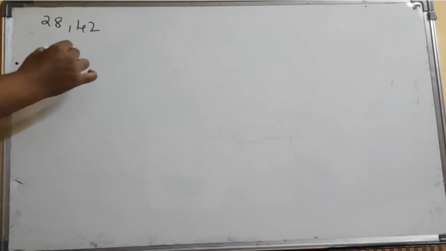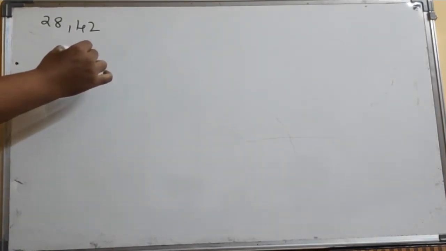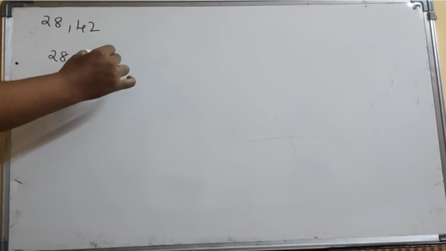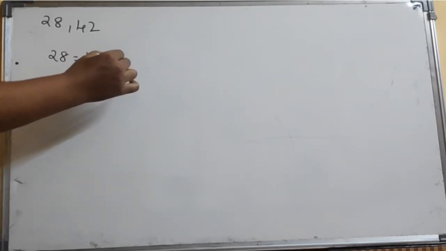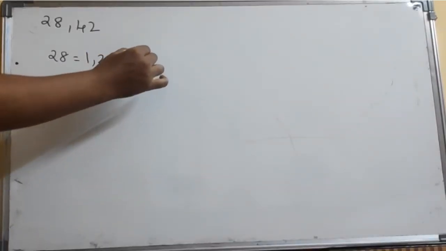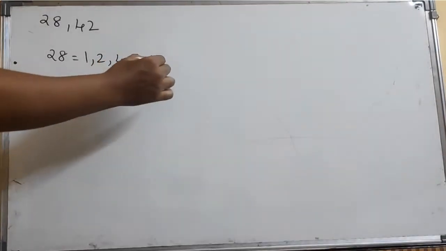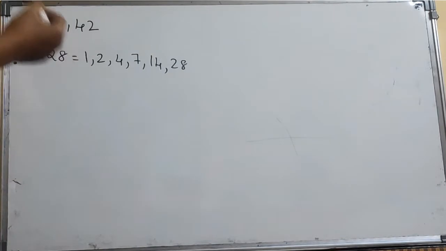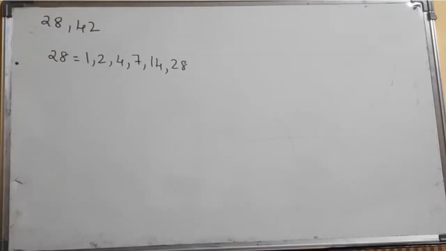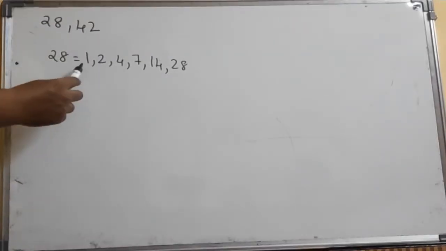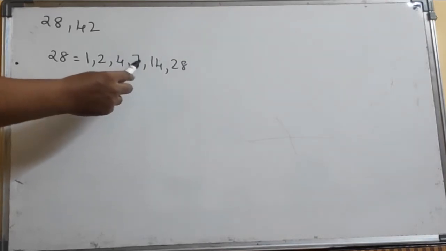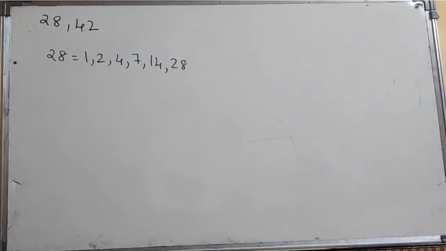So, first we'll list down all the factors of 28. Factors of 28 are 1, 2, 4, 7 and 14. And 28, the number itself, is also a factor. So factors of 28 are 1, 2, 4, 7, 14 and 28.